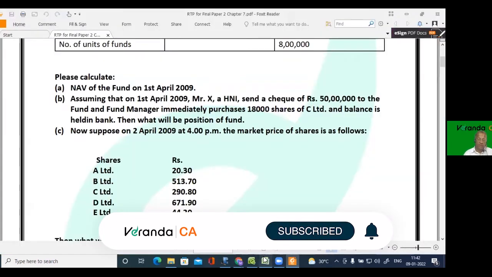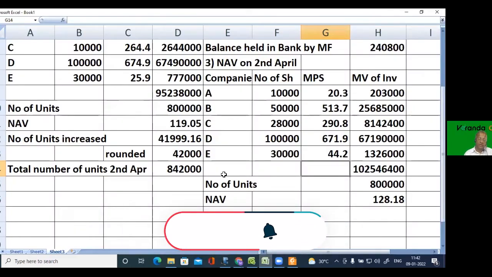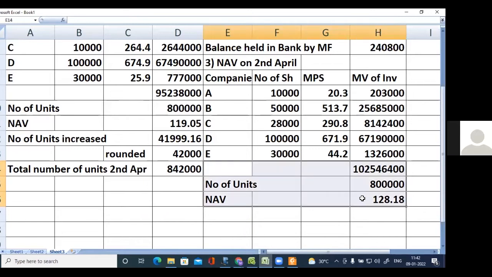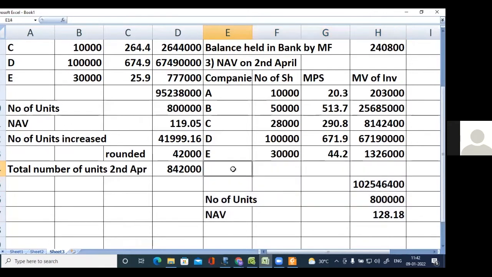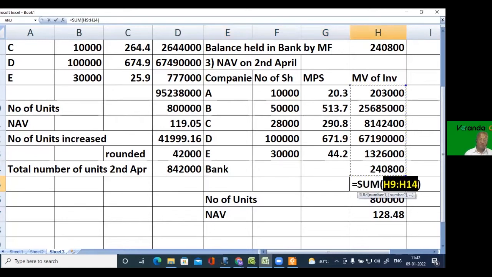But it is wrong if we do it this way. We are going to take up bank balance also. Bank figure is this. So now it is not 8 lakhs, it is going to be 8,42,000. So these are the corrections that we are going to do.